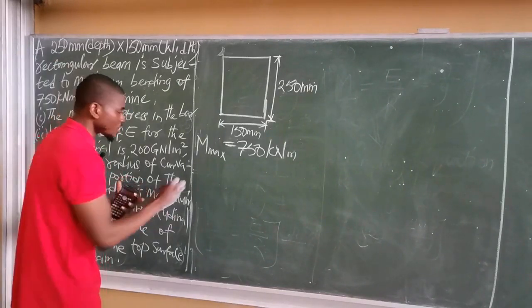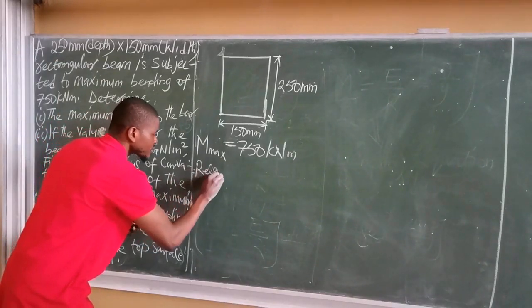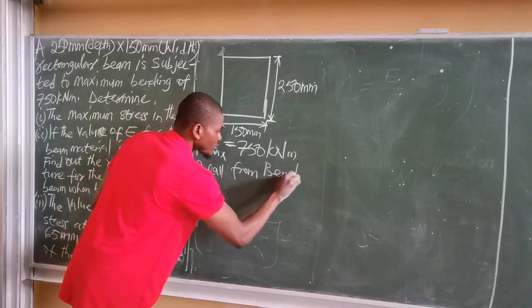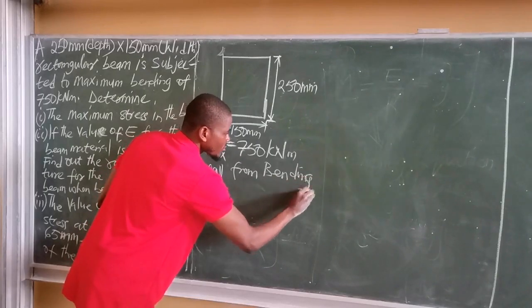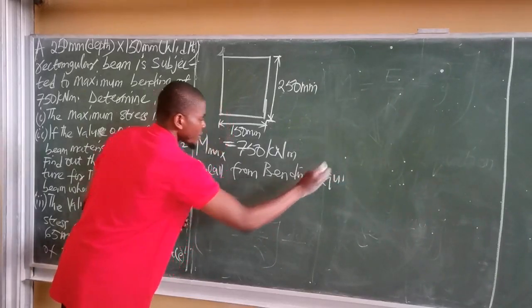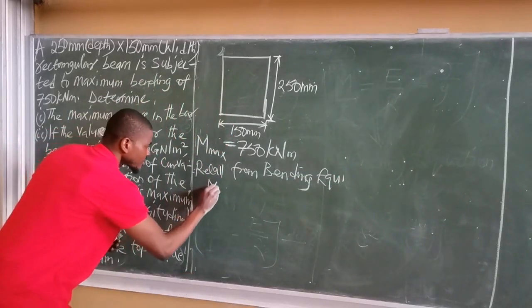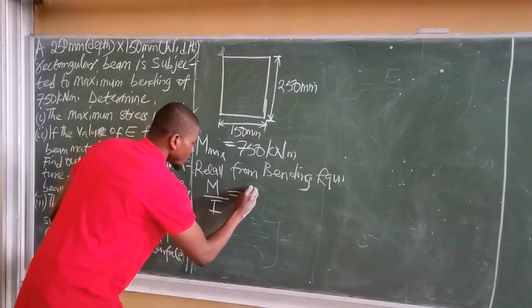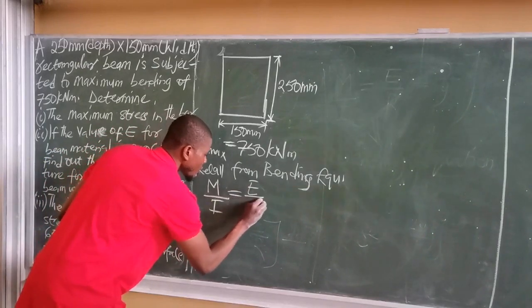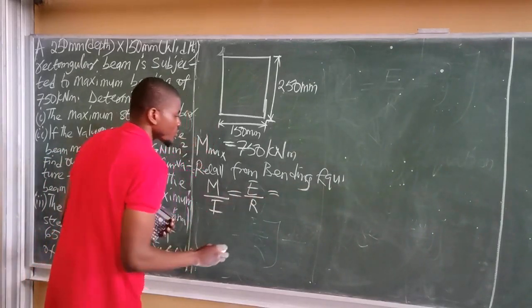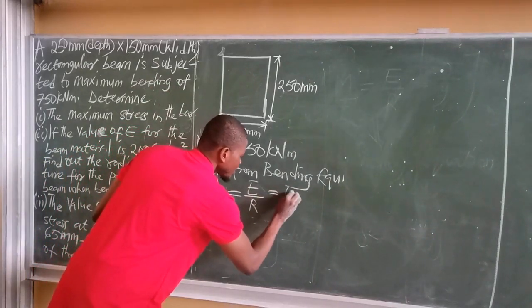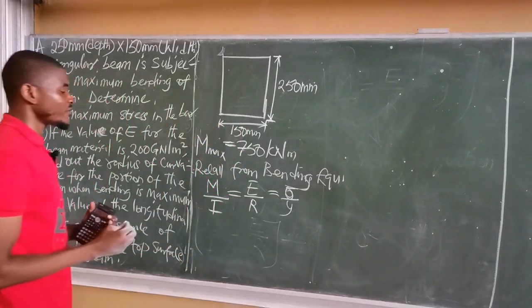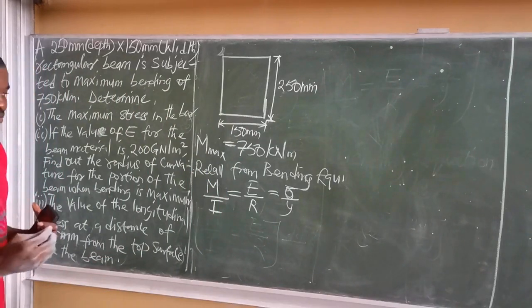Now we come from the bending equation. We have that M over I is simply equal to Young's modulus over R, and we said it's also equal to the stress divided by the distance from the neutral axis or from any point on the beam.